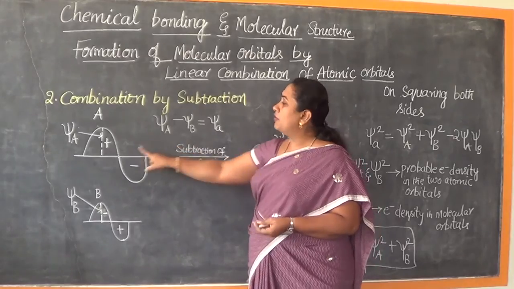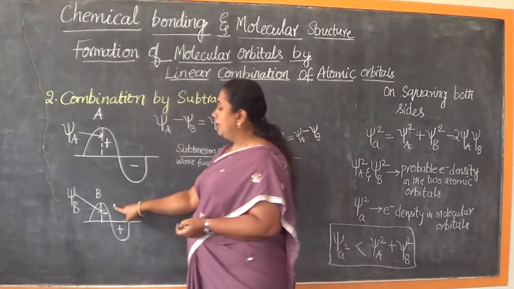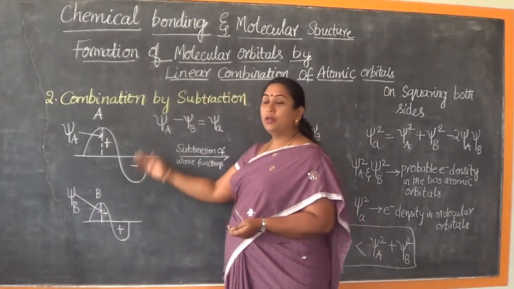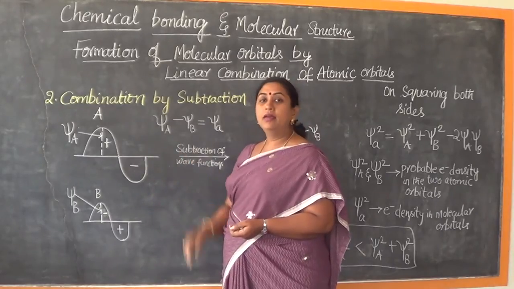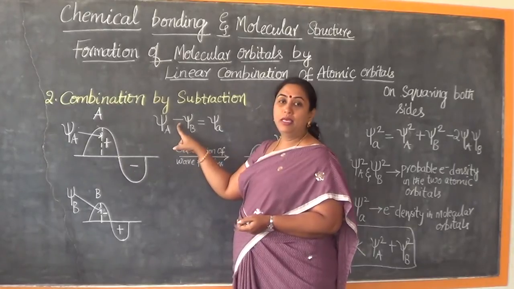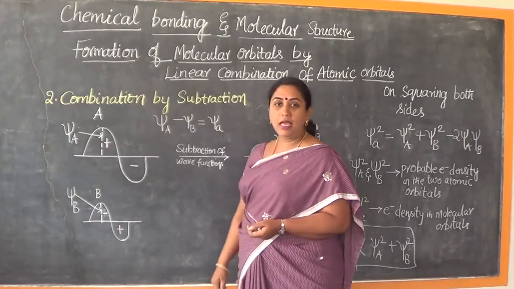Psi A is the wave function of atom A. Psi B is the wave function of atom B. Because they are out of phase waves undergoing linear combination, their wave functions have to be subtracted. So there is subtraction of wave function happening.